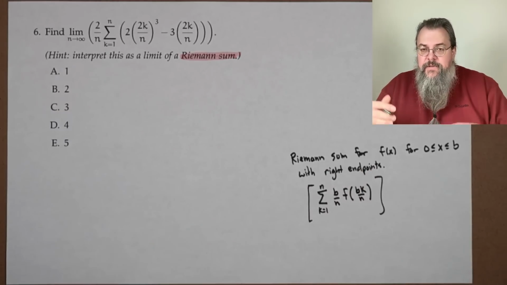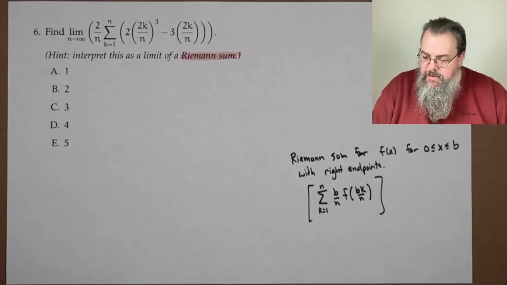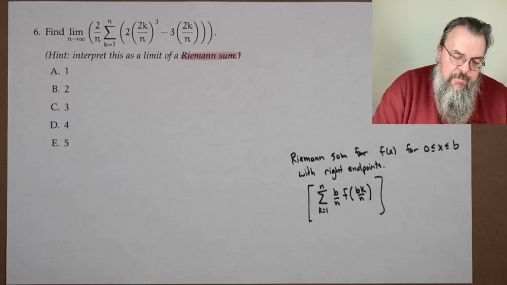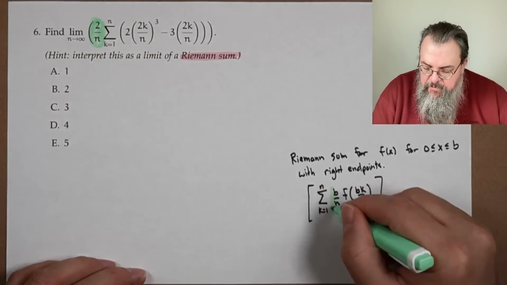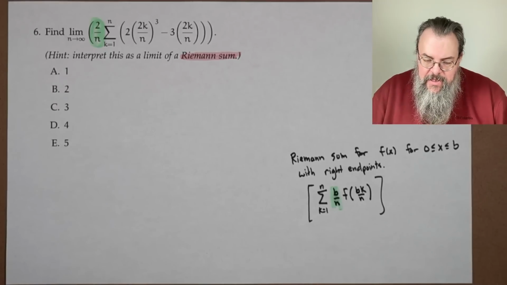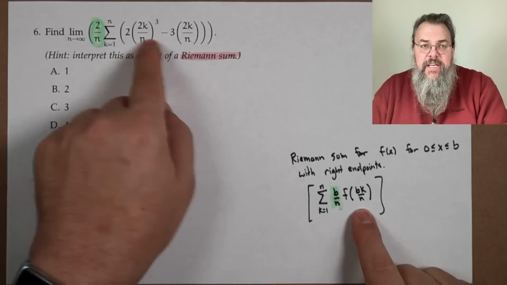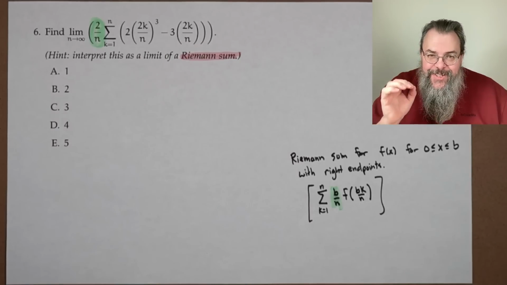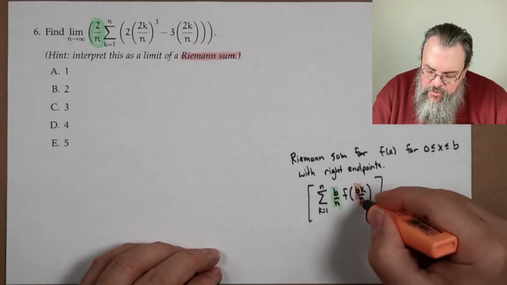So we want to sort of extract that. And so there's a couple of things that we have here. This part right here, that's acting like this b over n part. All right. So this other piece right here, this is acting like our f of bk over n. Now, here's the cool thing. You see how we have this bk over n?